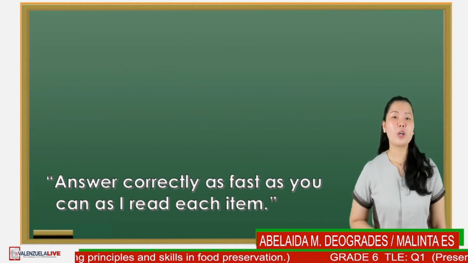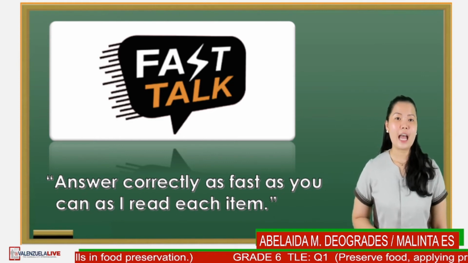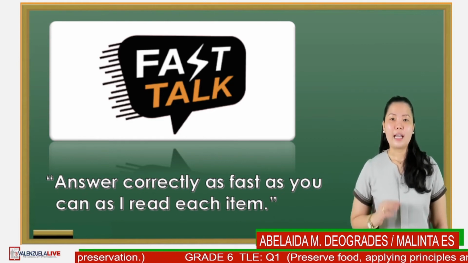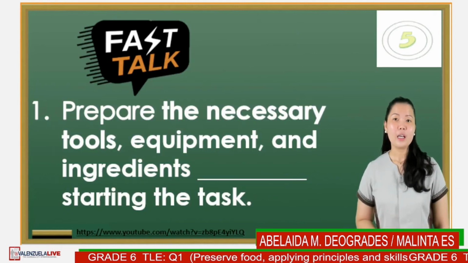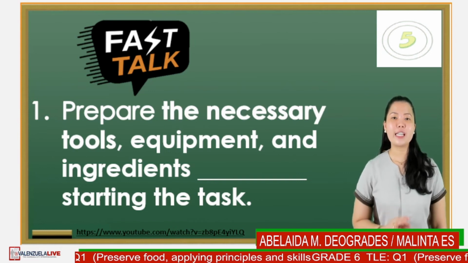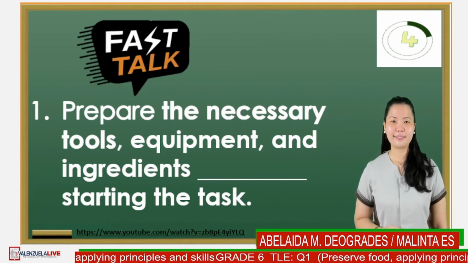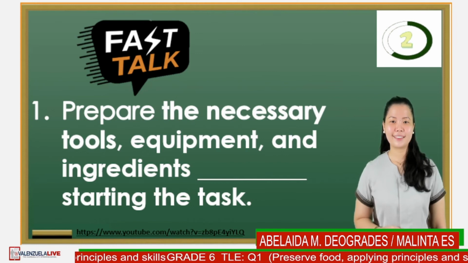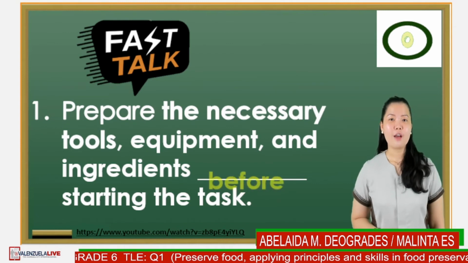Now let us proceed to our last activity, fast talk. Answer correctly as fast as you can as I read each item. Number 1, prepare the necessary tools, equipment, and ingredients blank starting the task. The answer is before.